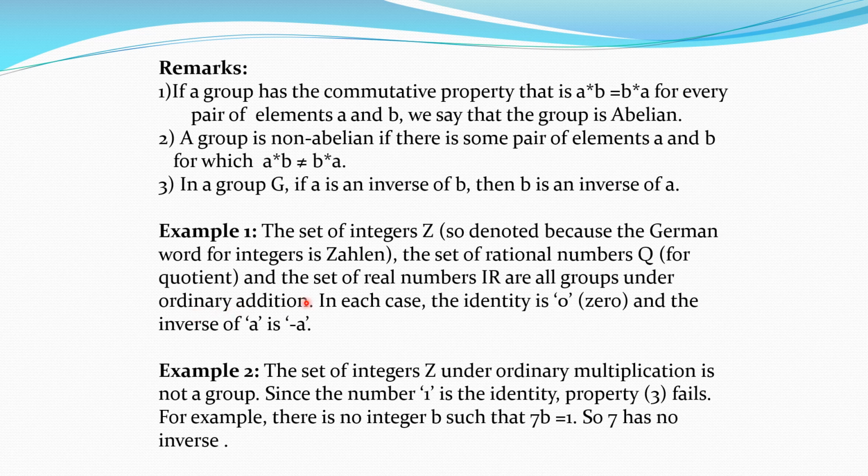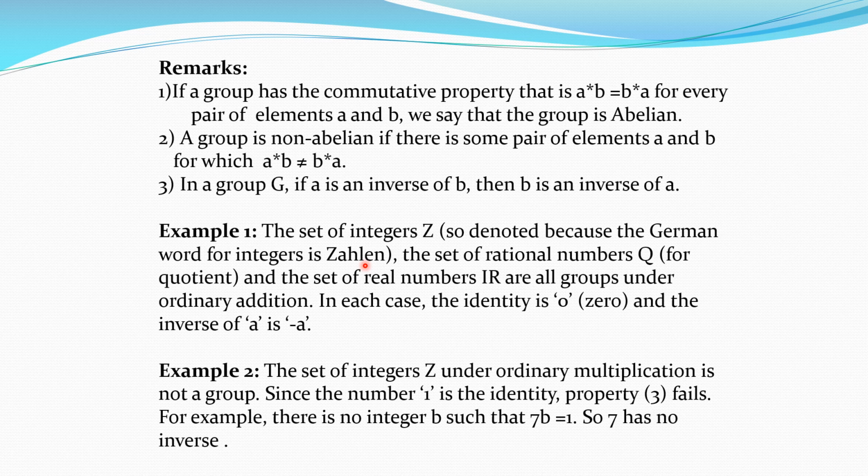That is, with respect to the usual addition of numbers, Z, Q, and R all are groups, because in each case 0 is the identity element. For every element A in that set, minus A is its inverse. Addition is a binary operation. Addition is associative.